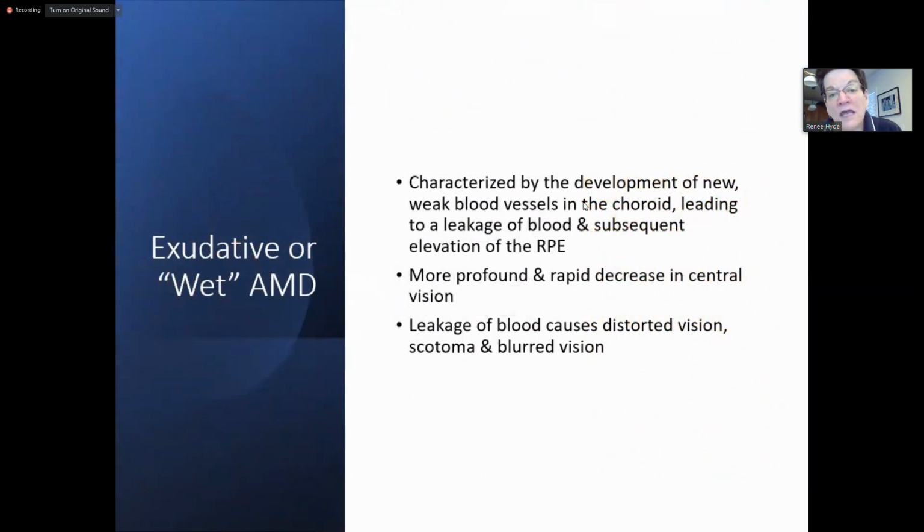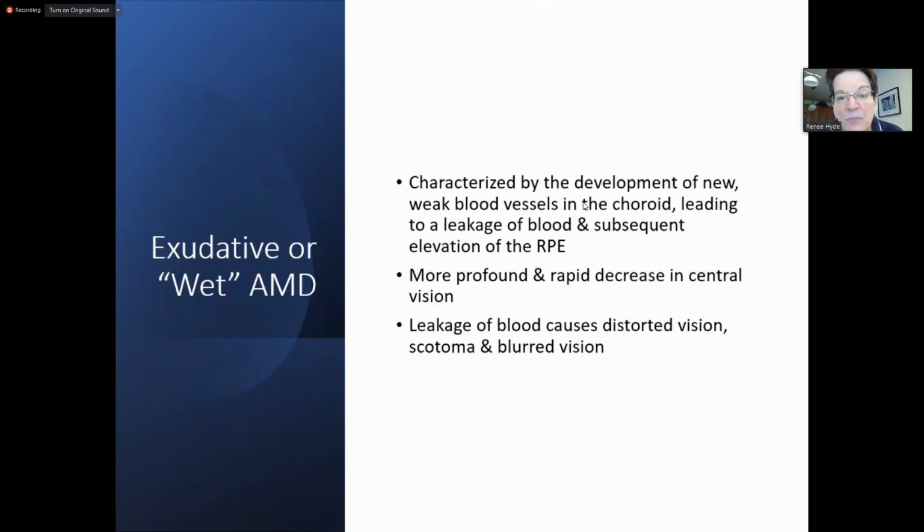When you're talking about the wet type, it's characterized by development of new, weak blood vessels. And what happens is it leaks blood and you get an edema behind that retina pigment epithelium.